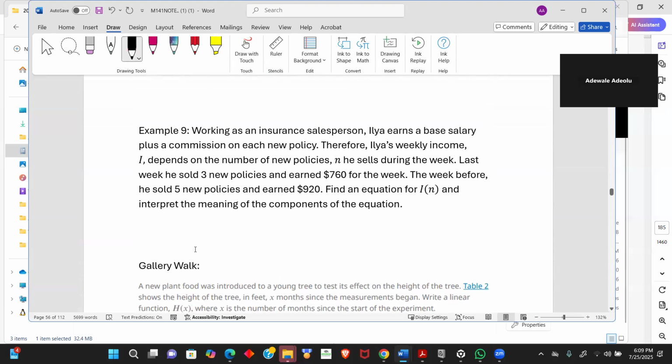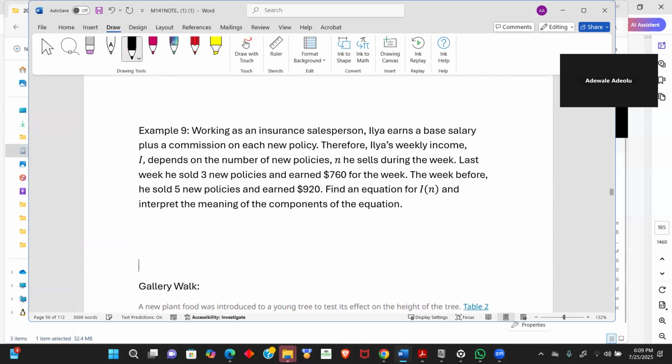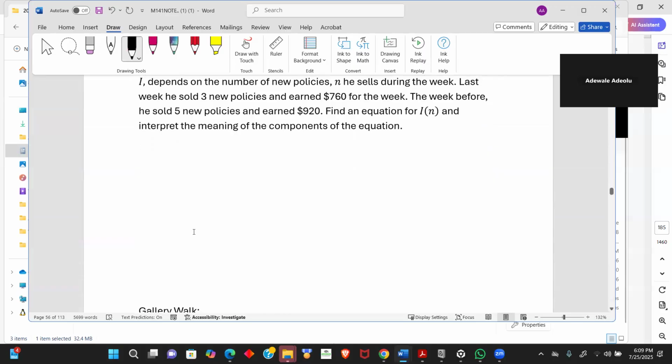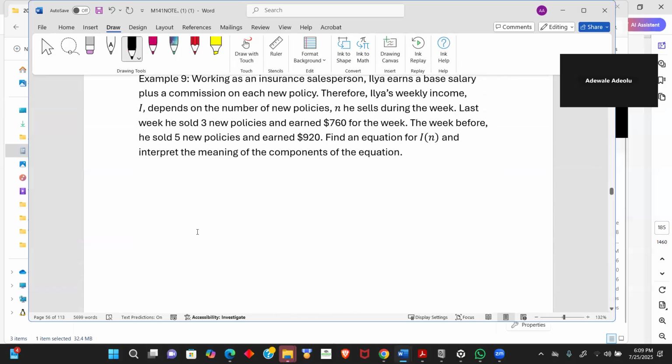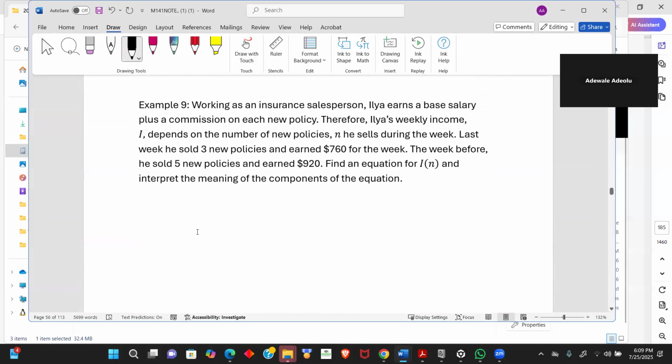Another one. Okay, let me solve this. You will see my problem is coming in a different form. Let's see this form. Working as an insurance salesperson, Ilya earns a base salary plus a commission on each new policy. That is very good. We all want some level of commission, right? So that is the case with Ilya.